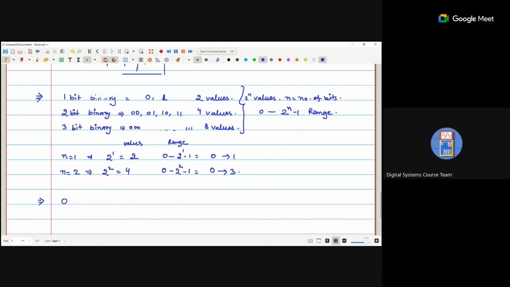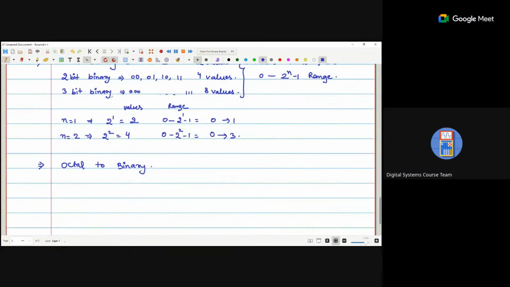Now, the octal number. Octal to binary. In the case of octal, the maximum range is 8. 8 values will be represented from the range 0 to 7.